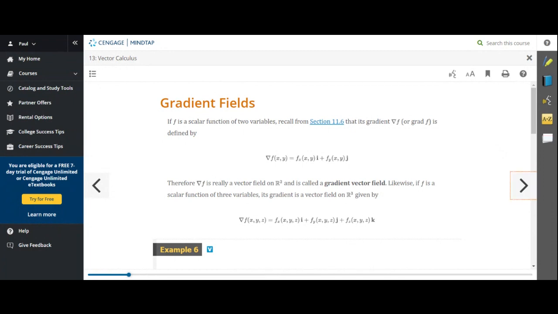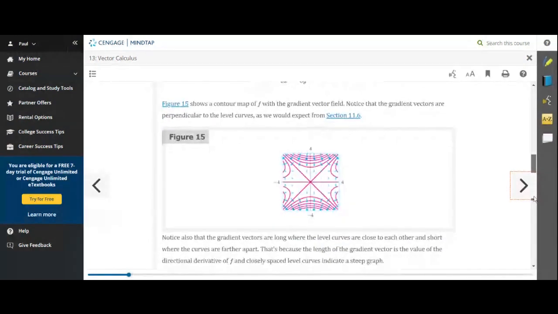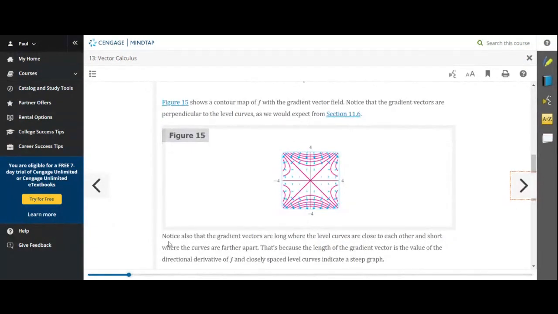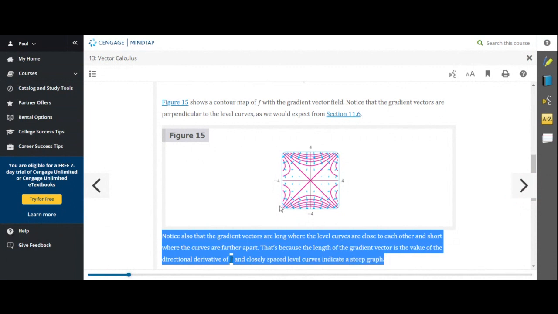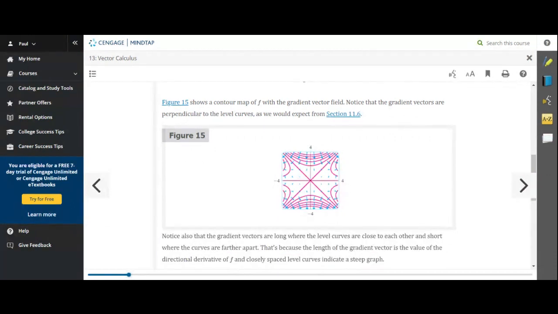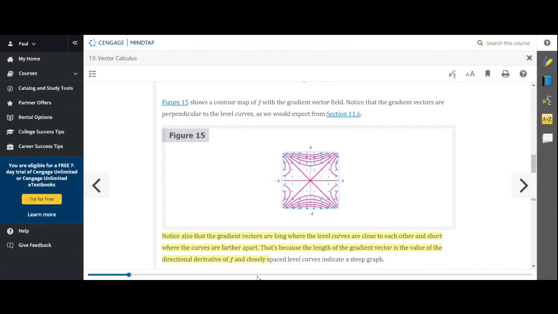And you might notice here in the little picture, in figure 15, what they've done is they've drawn a contour map for a particular function.